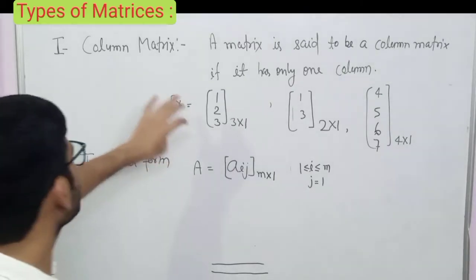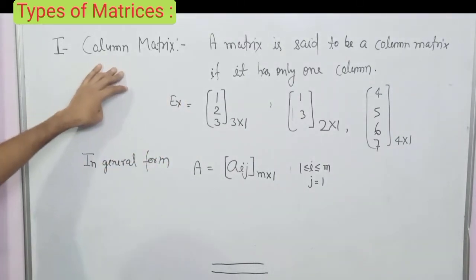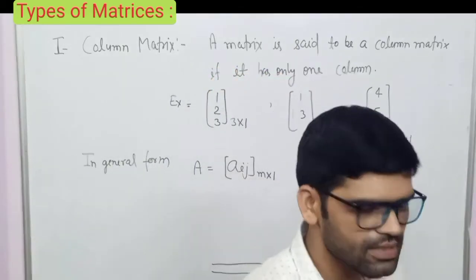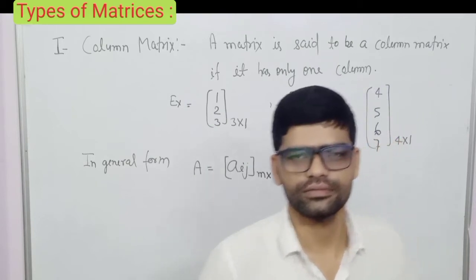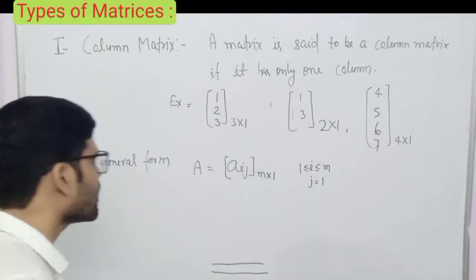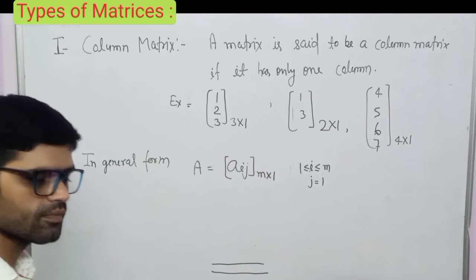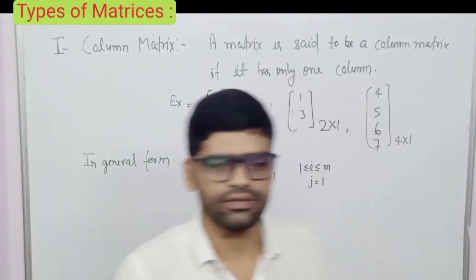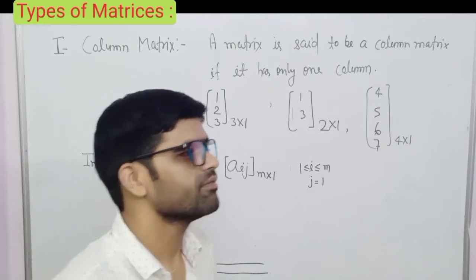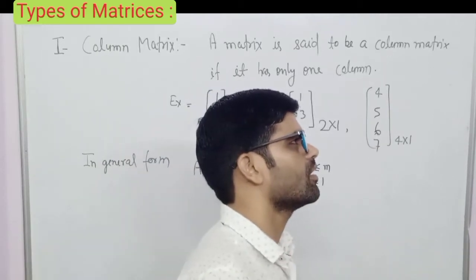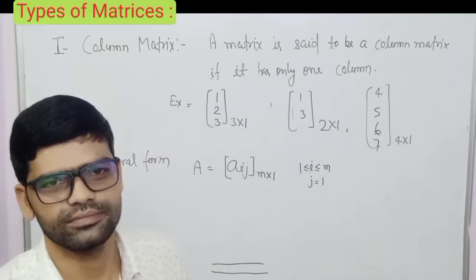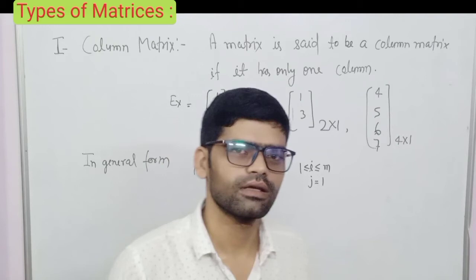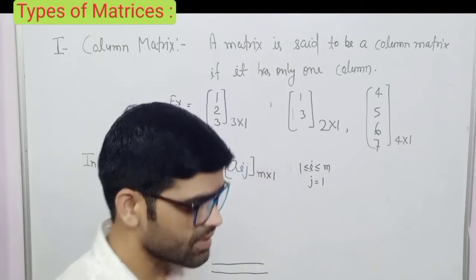So here we write the definition of column matrix. A matrix is said to be a column matrix if it has only one column. Now if anyone asks, if a matrix is of order 4 cross 1, how can you say this is a column matrix?